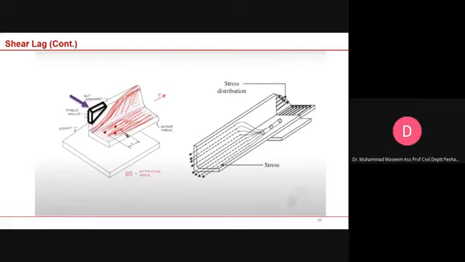So once one element is connected and one is not connected, you should expect this shear lag. For shear lag, you will use effective area, which is a function of net area for bolted connection, and a function of gross area for welded connection.